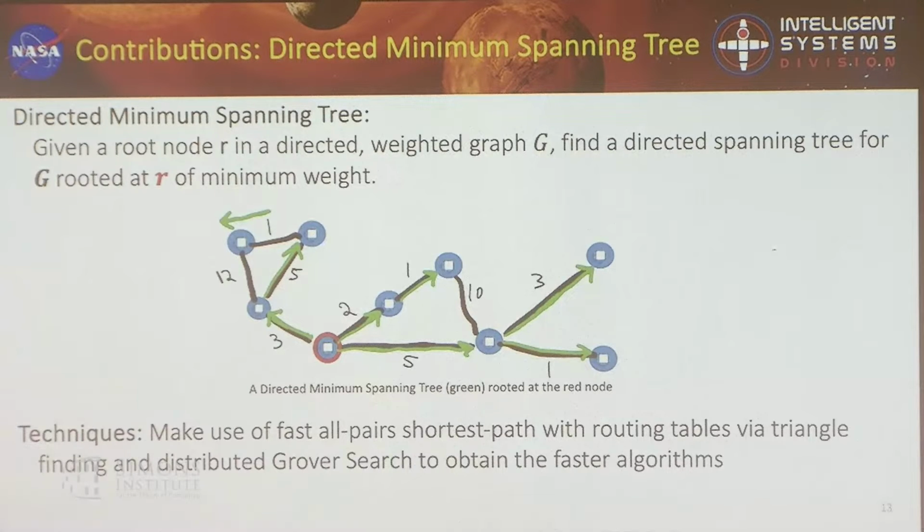We're going to make great use of that fast all pairs shortest path, but we're going to add routing tables which were not previously there. And this is done via triangle finding and a distributed Grover search to obtain faster algorithms. And I'll go through briefly what those are in a little bit.